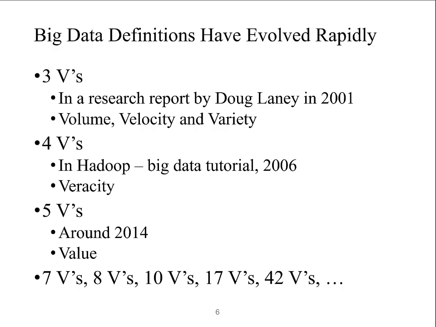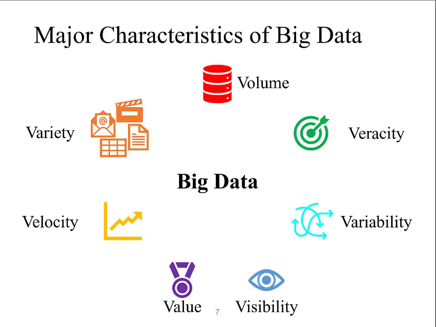While it is apparently impossible to cover all the 42 Vs in today's lecture, and I also don't think it is necessary because only the essential Vs matter. So I conclude 7 Vs here, and we will go through them one by one.